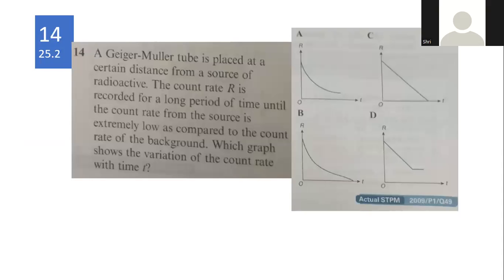Neutron. How about this one? A Geiger-Muller tube is placed at a certain distance from the source of radioactivity. The count rate R is recorded for a long period of time until the count rate from the source is extremely low as compared to the count rate of background. Which graph shows the variation of count rate with time?